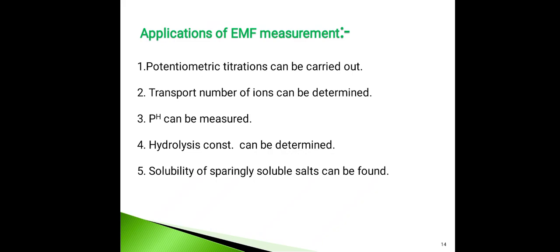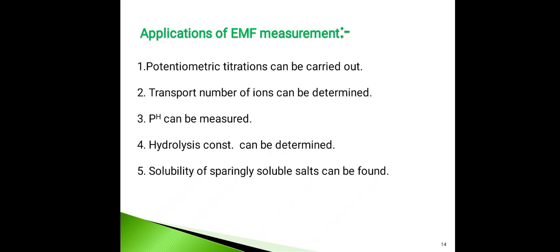Say the B side of the wire is attached to the positive terminal of the battery, then the A side is attached to the negative terminal. In between we have the connection of resistance, and a plug key is also there to switch the circuit on and off.